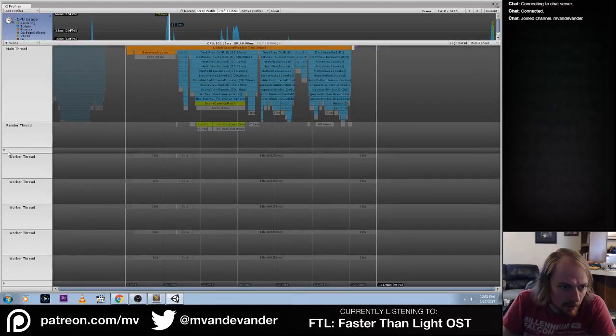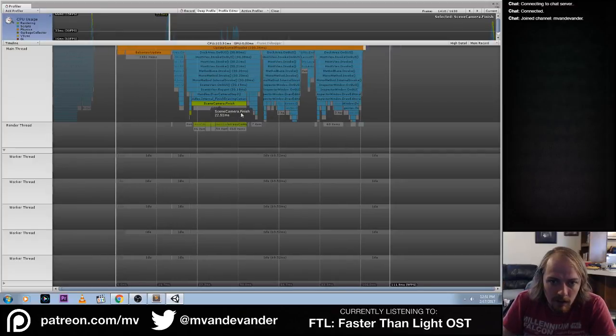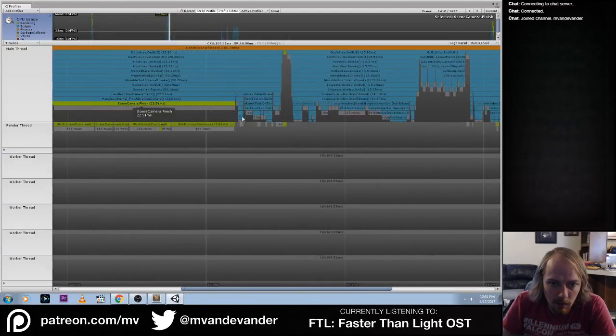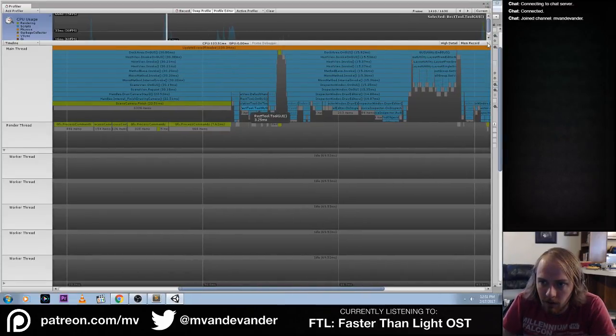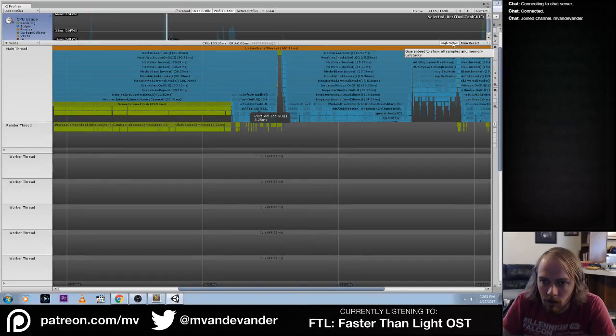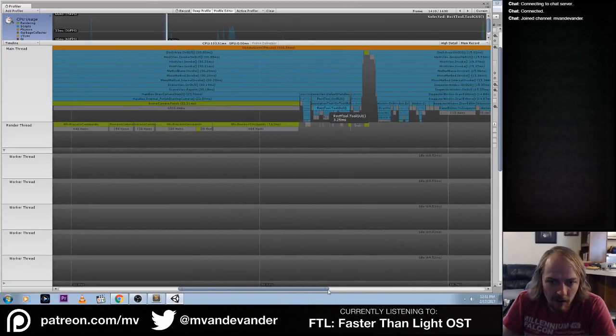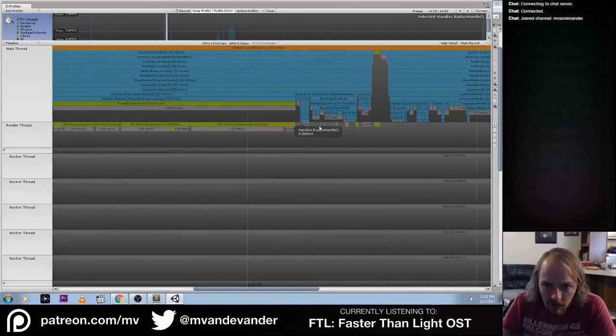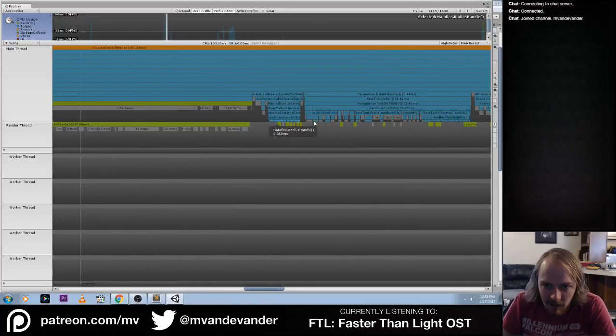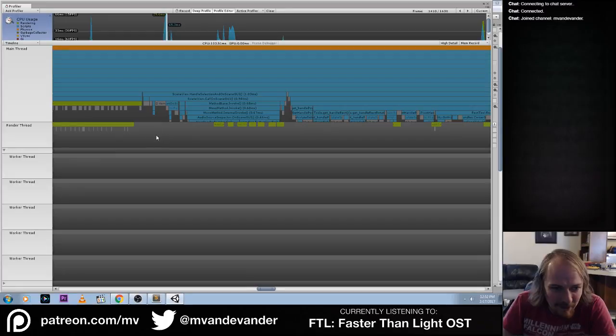How am I supposed to look at stuff if your tool doesn't give me enough vertical resolution? What am I supposed to do? I can up the horizontal, but there are things going off the end of your view. How am I supposed to look at this stuff down here?